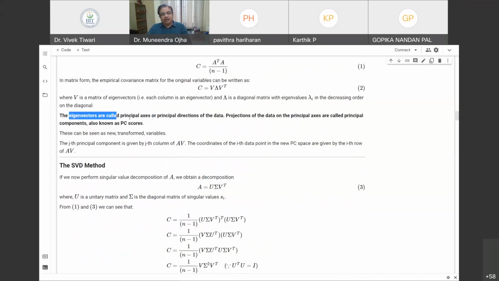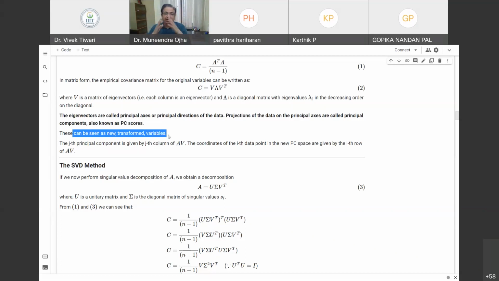So eigenvectors are the principal axis or principal direction of the data. Projection of original data on principal axis is called principal component. This can be seen as the new transformed variable. So we now have every column as one of the principal components. When you multiply your Z matrix by P star, you get a new matrix.